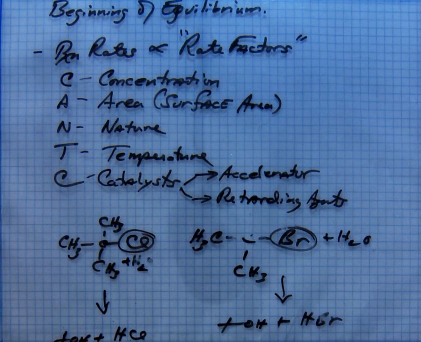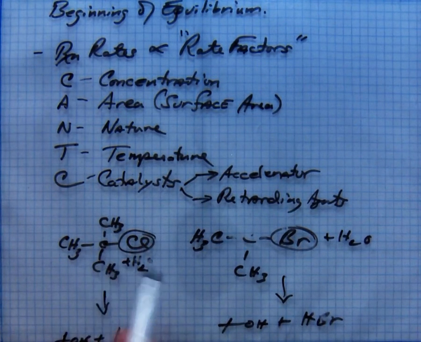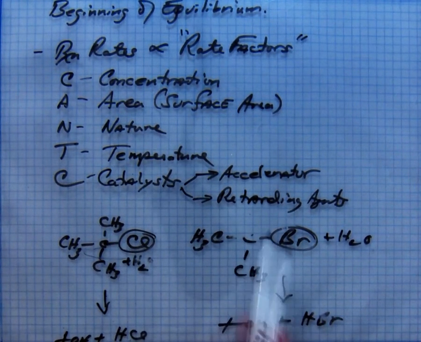When you study chemical reactions, you're not limited to just concentration studies. You can study all of these, but you can only study one at a time. You change concentration, see what happens. Or you change area and see what happens. Or you change the molecule like we did down here. Well, I'll study the rate and come up with a rate law for this one, and then I'll come up with a rate for this one.